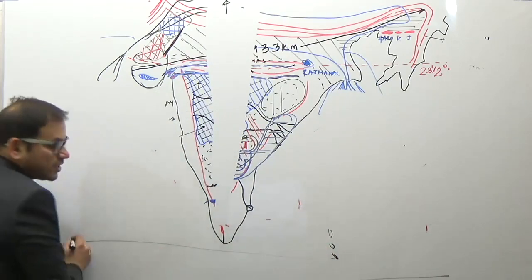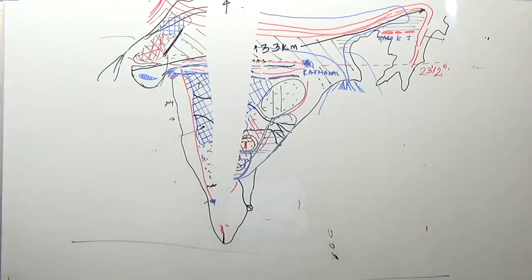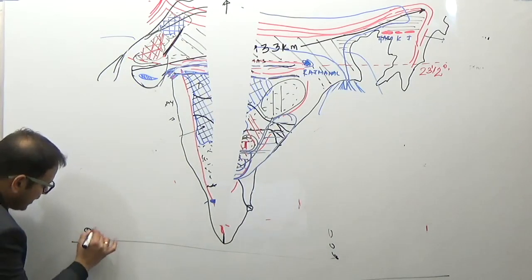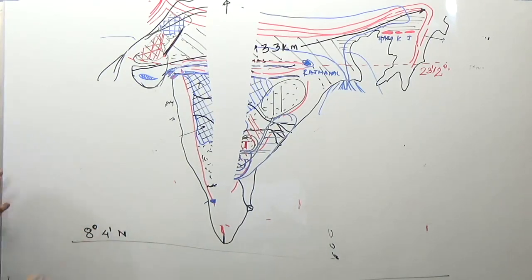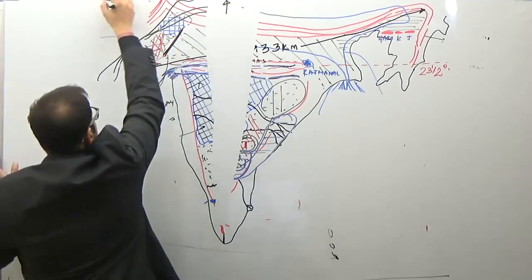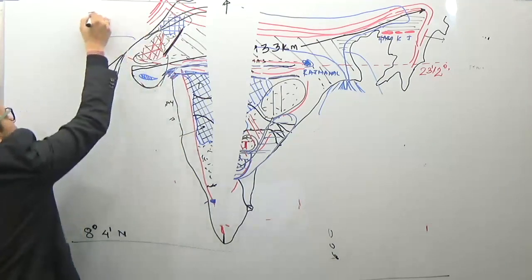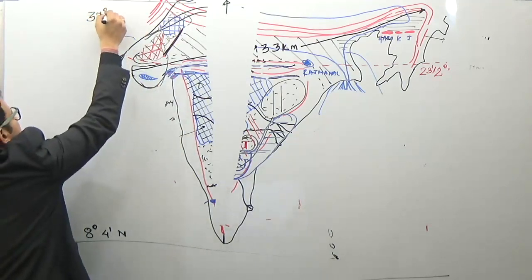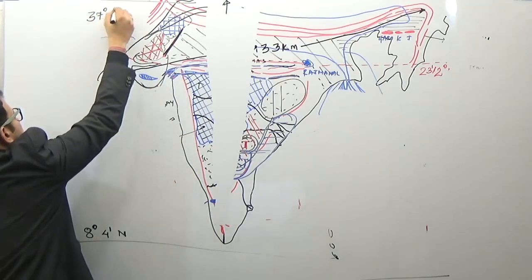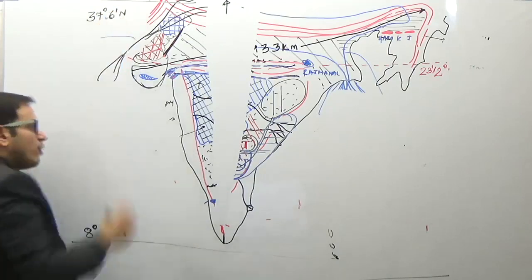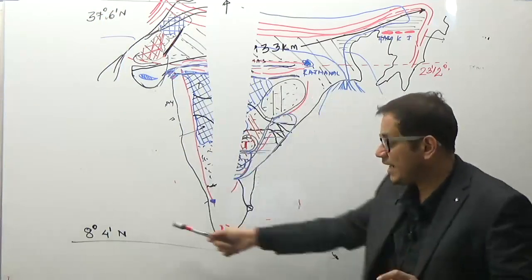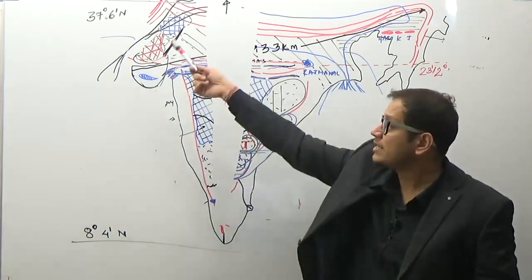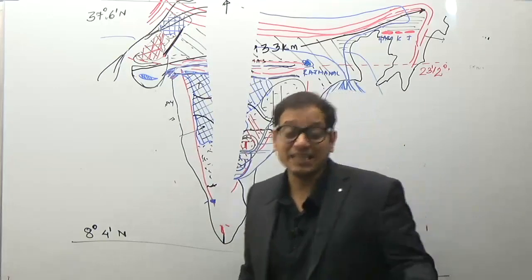So India lies between 8 degrees 4 minutes north to 37 degrees 6 minutes north. So what is the dimension of India? India lies in the northern hemisphere between 8.4 degrees north to 37.6 degrees north.